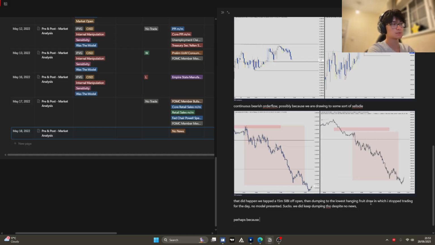Perhaps because of a lack of expansion in Asia and New York, we see London, we see New York become more expensive despite lack of news.